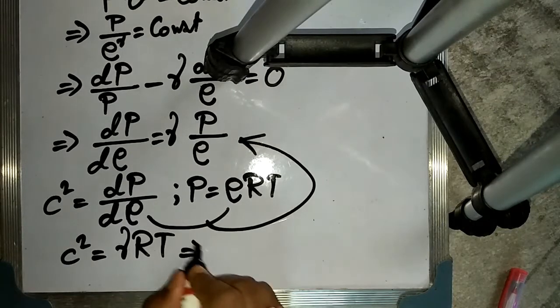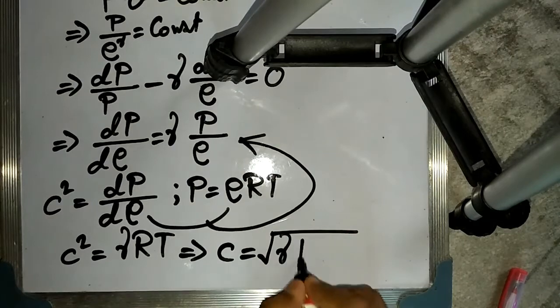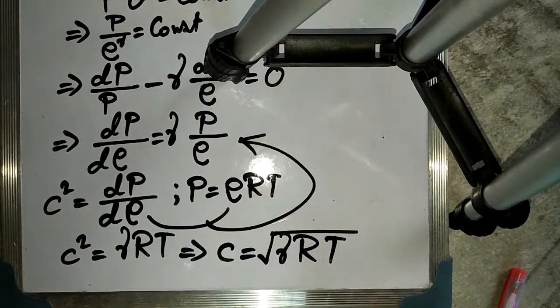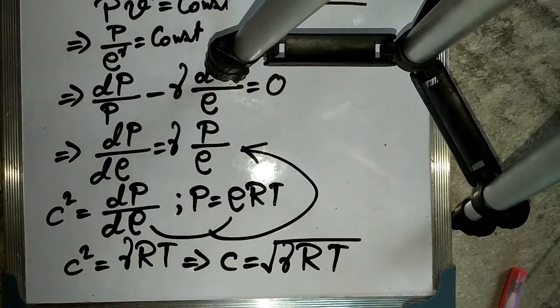Or we can write c equals root over gamma RT. In this equation, R is the characteristic gas constant, which equals the universal gas constant divided by the molecular weight of the gas.